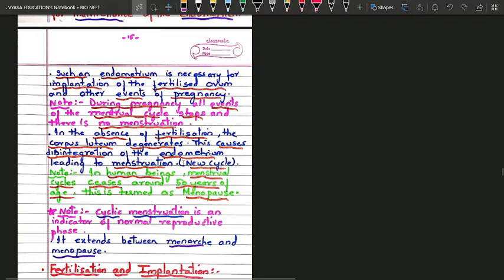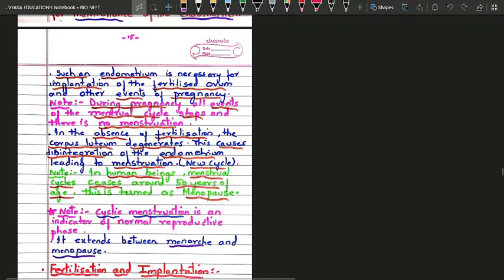If pregnancy is there, then corpus luteum helps in the implantation of the embryo. ಇಲ್ಲ ಅಂದ್ರೆ ಅದು degenerate ಆಗುತ್ತೆ. This causes disintegration of the endometrium, leading to menstruation. So what leads to menstruation? Disintegration of the endometrium leads to menstruation. That is, ಮತ್ತೆ next new cycle ಬಂತು.